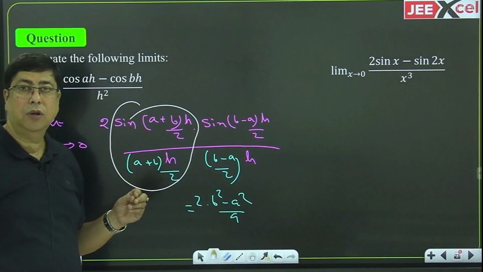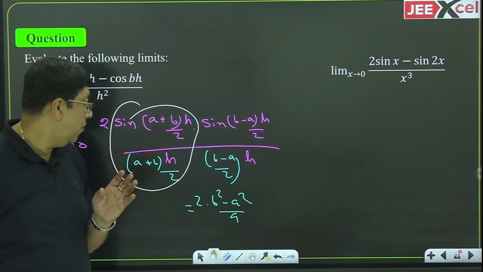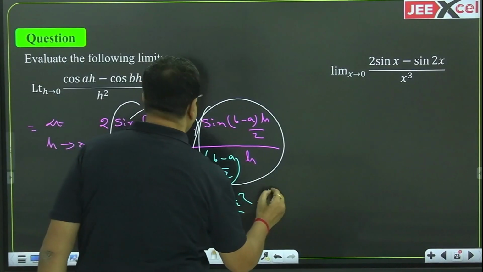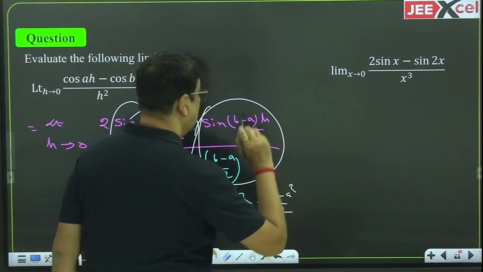I think you have understood. I think the concept is totally clear for you. So in this case also the same thing, sin x by x is 1, and the answer is b square minus a square by 2.